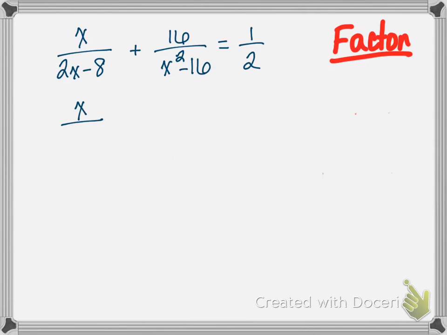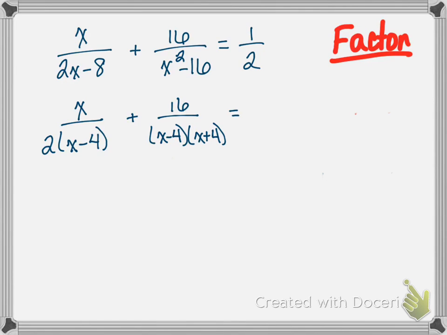Okay, what's my GCF in 2x minus 8? 2. So I have to pull out that 2. So I have 2 times x minus 4. What does x squared minus 16 factor to? That is x minus 4 times x plus 4. Good.